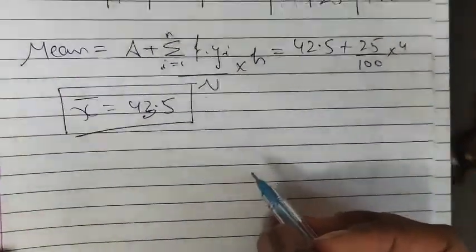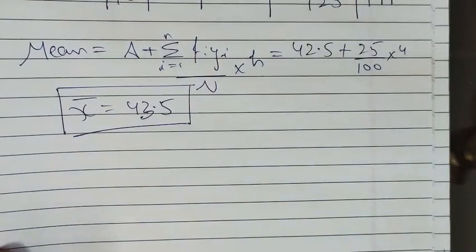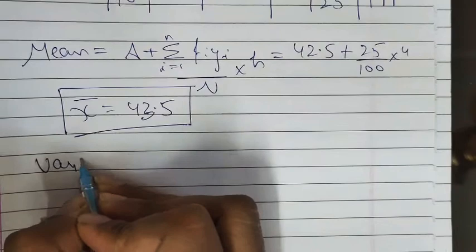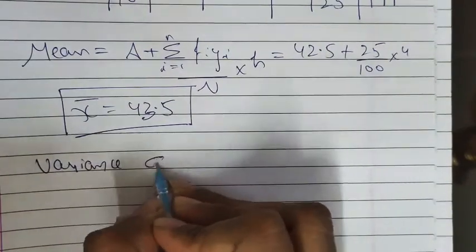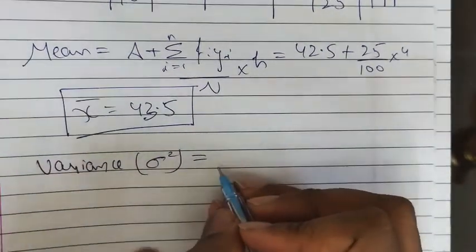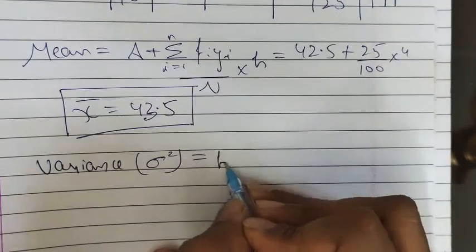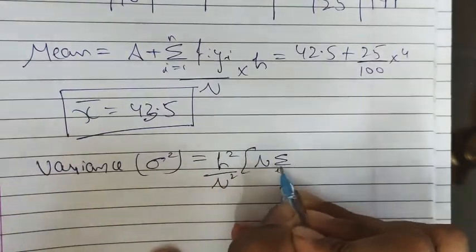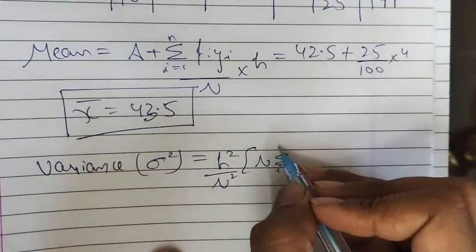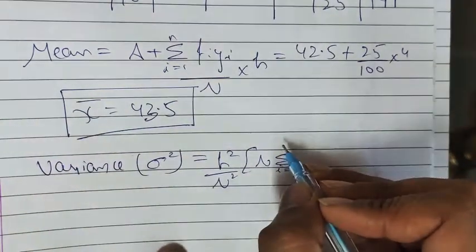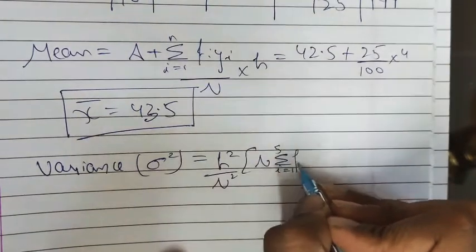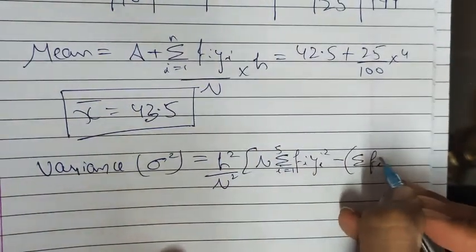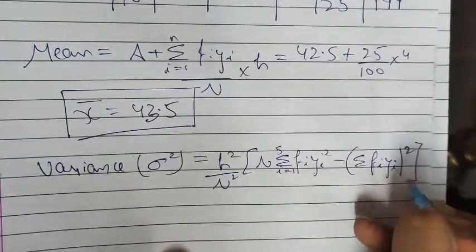Next we have to find the variance, so same formula. Variance sigma square is equal to h square upon n square, bracket n sigma fi yi square minus sigma fi yi whole square, right?